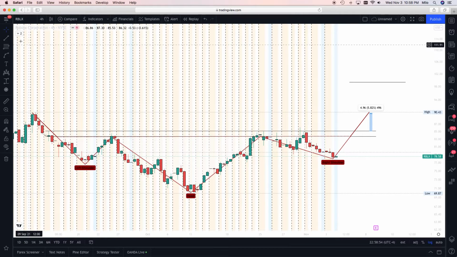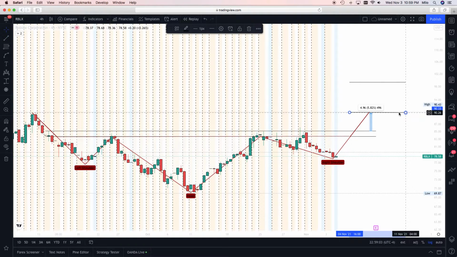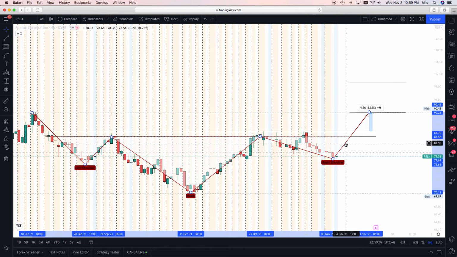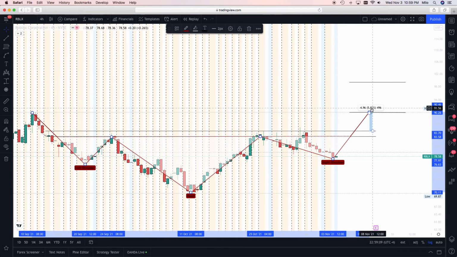So if we want to take a trade, we'll make this the first target, using both patterns, the cup and handle and this head and shoulders, which is a reversal pattern. They're both reversal patterns.